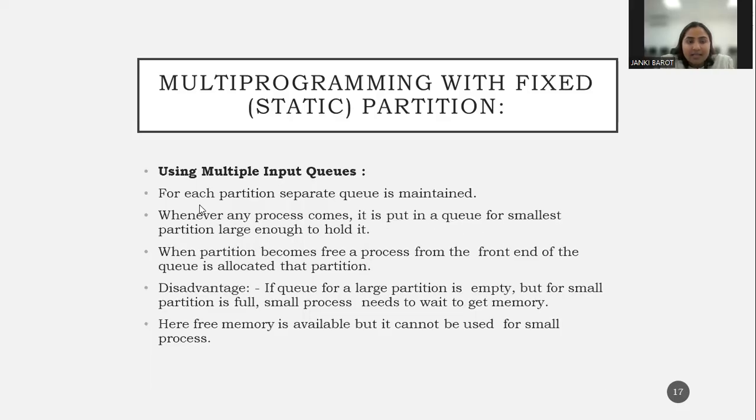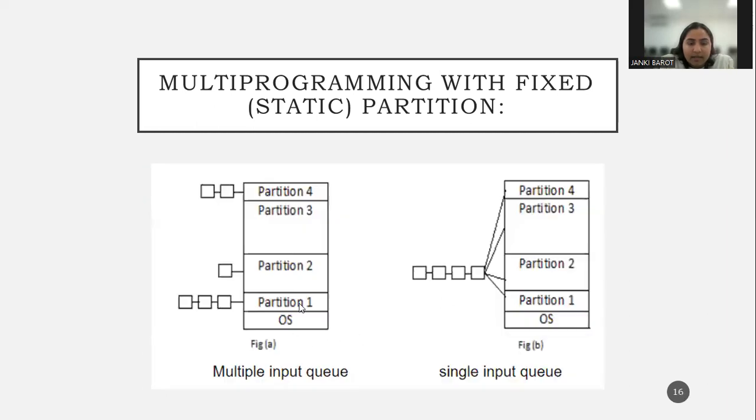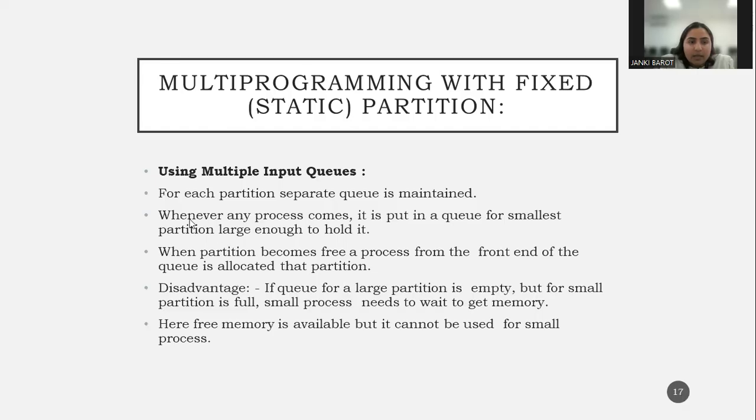Okay, now we'll see how it works using multiple input queues. For each partition, a separate queue is maintained. Whenever any process comes, it is put in a queue for the smallest partition large enough to hold it, right?